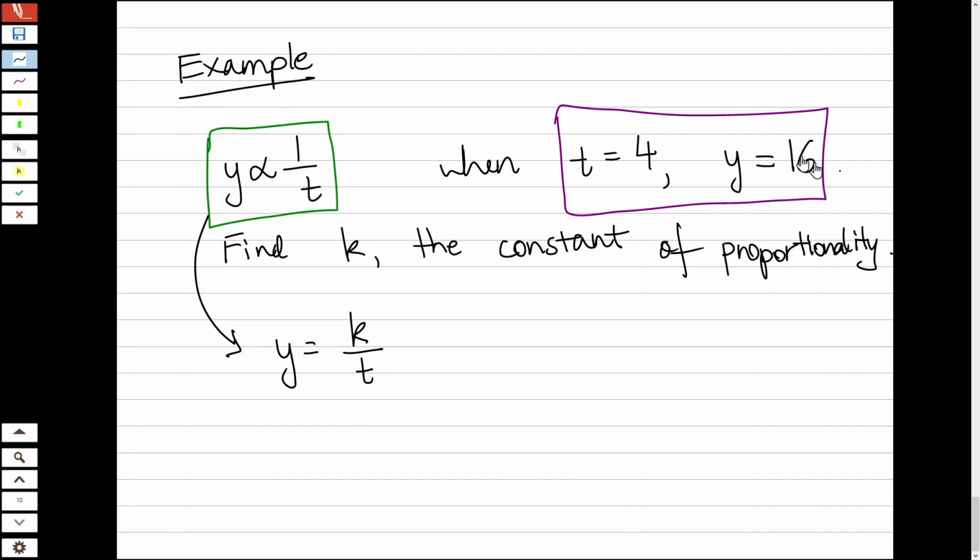Then we use these two values: 16 equals k divided by 4, just as you said. All right, AJ, what should we do next? I want to solve for k. What operation should I do? This is division. What's the opposite of division? We divided by 4 here, so to reverse that, what number should we multiply by? That's it. Multiply by 4. Ready? 64.